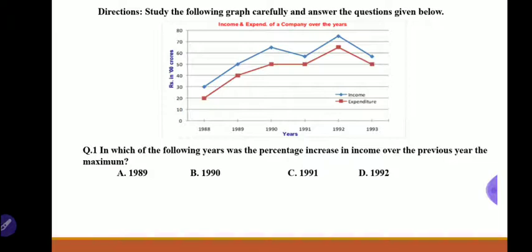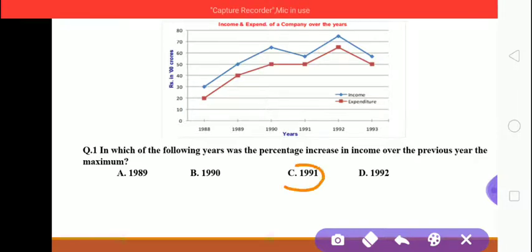Similarly, from 1989 to 1990 there is also an increase in income, but from 1990 to 1991 there is a decrease in income. That's why 1991 will not be our correct answer, and automatically option C gets eliminated.